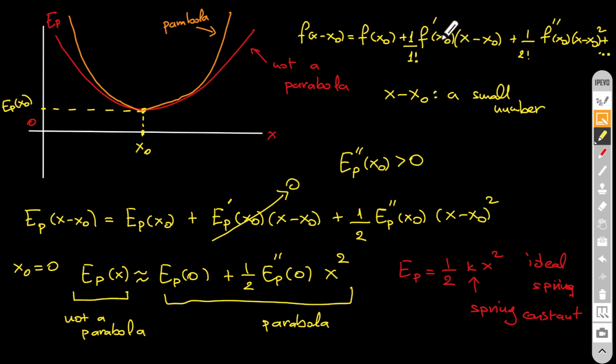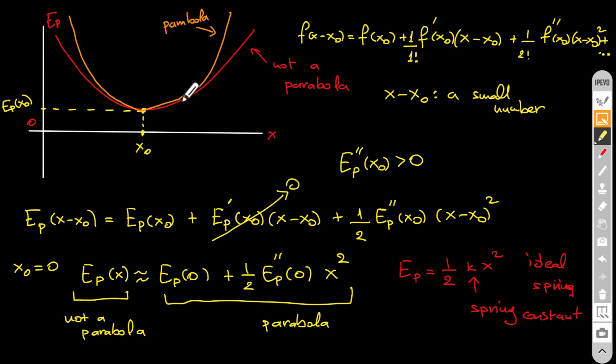Now, what does that mean about what I did here about the potential energy of a system? Essentially, this constraint of the Taylor series is telling me that if you want to use a parabola to approximate your potential energy, you can do it, but your approximation with the parabola will be accurate so long as you remain close to x naught.